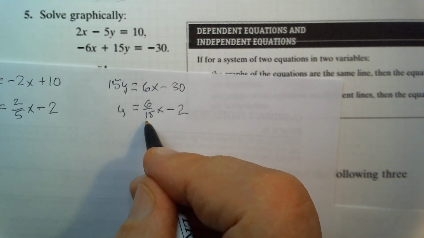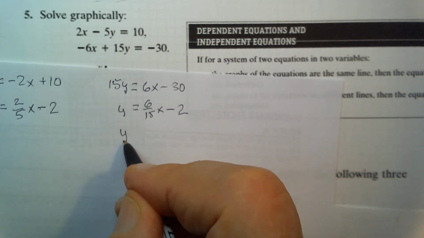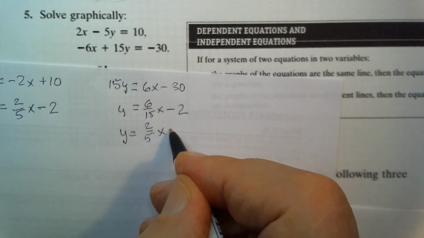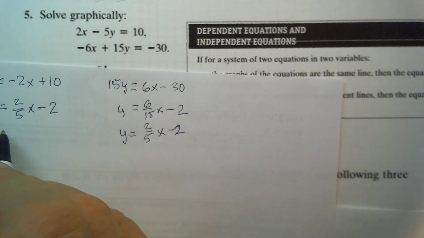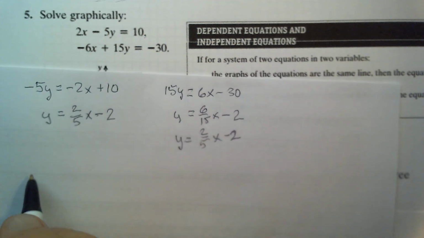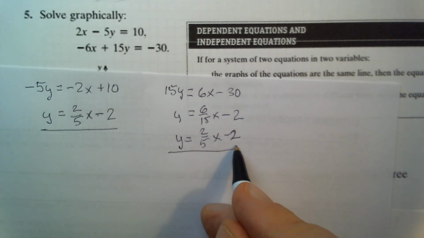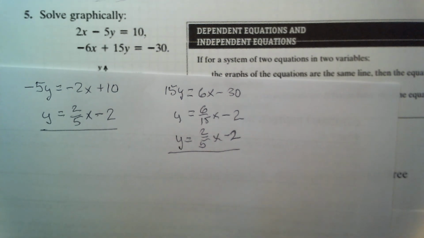And so we can simplify 6/15 to 2/5 x minus 2. So we notice that by solving both equations for y, we discover they are really the same equation. In other words, there will be only one graph, one line. So let's graph that equation.